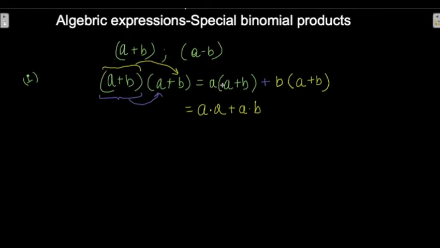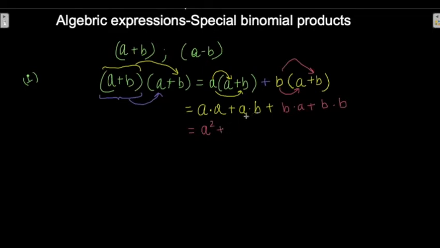A gets multiplied by A, later on A gets multiplied by B, plus first B gets multiplied by A, B times A, plus B times B. Now this is equal to, what is A times A? A square.